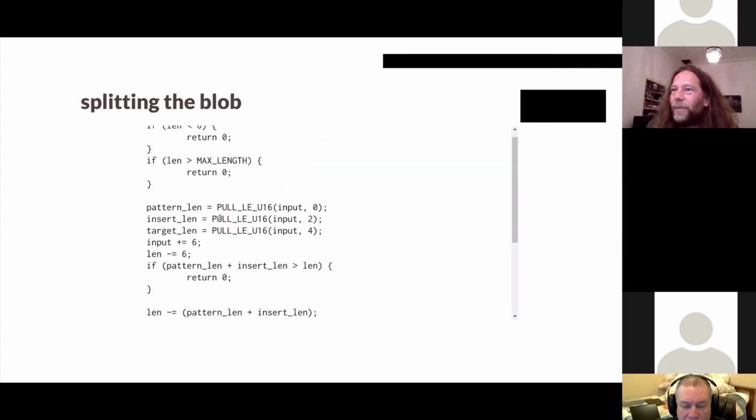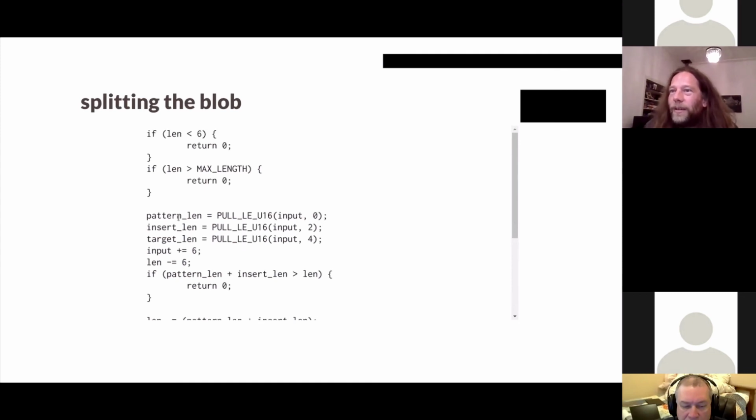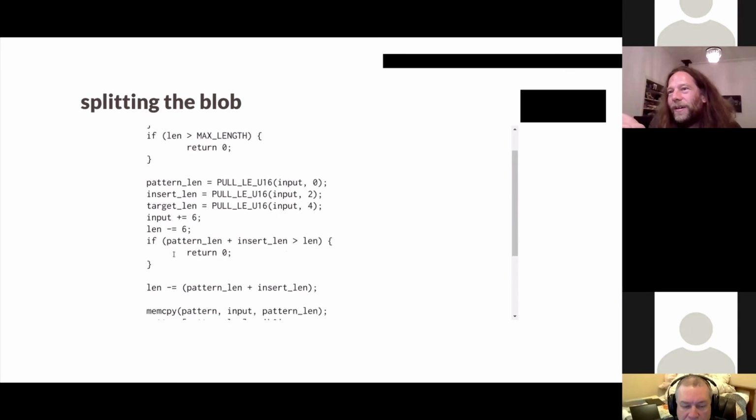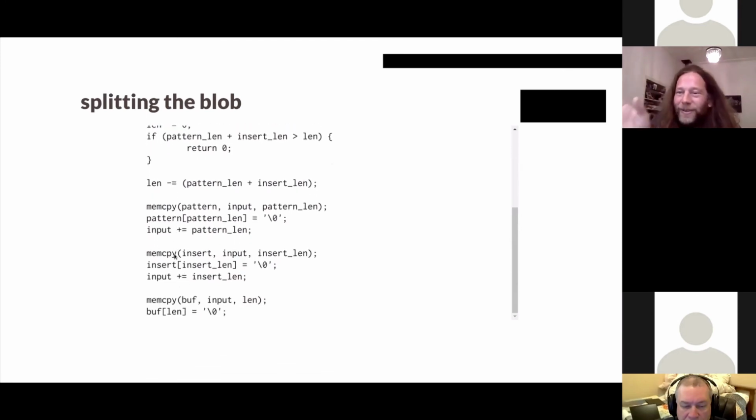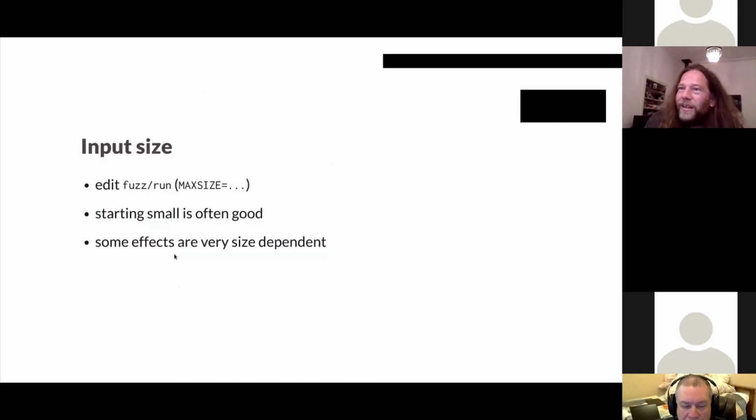You can just pull off a length and another length and another length from the first 6 bytes, and then work out, and then basically you split your data blob into, well, in this case 3 strings, but you can split it into 3 blobs, or 20 blobs, or like we saw before, into flags and all kinds of things. You can use the data however you want.